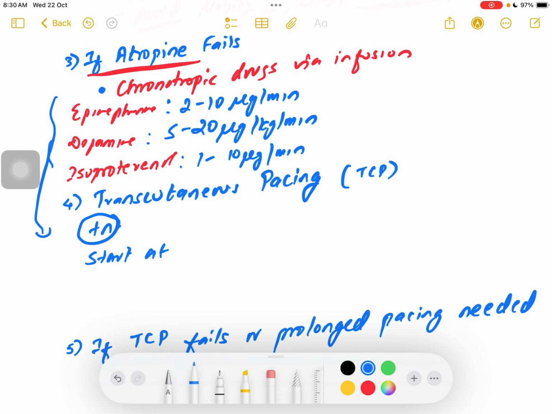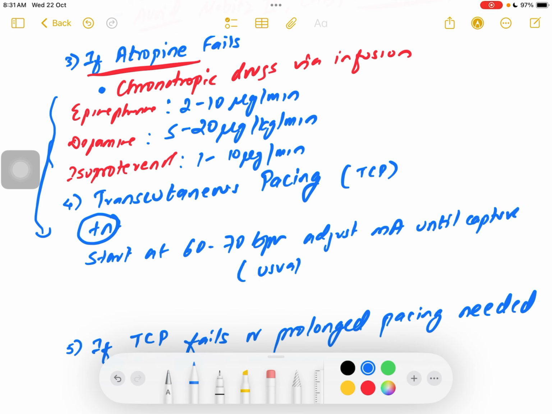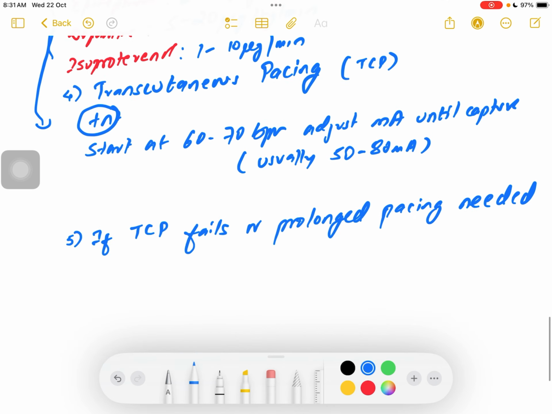This can be remembered with the mnemonic BRADI: BRASH syndrome, reduced vital signs, A for ACS, D for drugs, and I for increased ICP or infection. Then comes the drug immediately, because sometimes the causes are hard to find immediately.